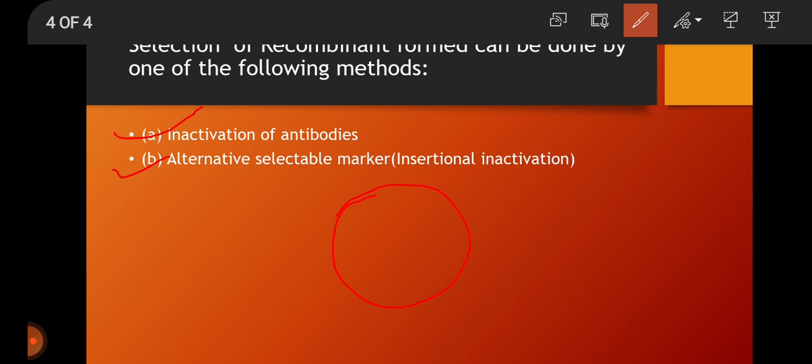As we saw in the diagram in our previous slide, this is the diagram of the plasmid, and this is the BamHI restriction enzyme site, which is also a site of the selectable marker responsible for tetracycline resistance. So if a foreign DNA is ligated at the BamHI site of the tetracycline resistance gene in the vector pBR322, the recombinant plasmid loses the tetracycline resistance due to insertion of foreign DNA.